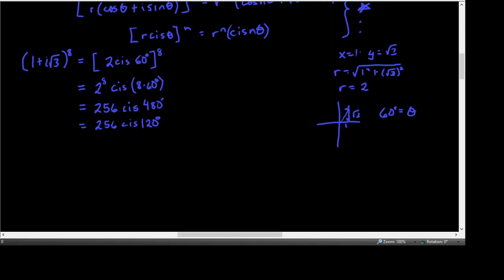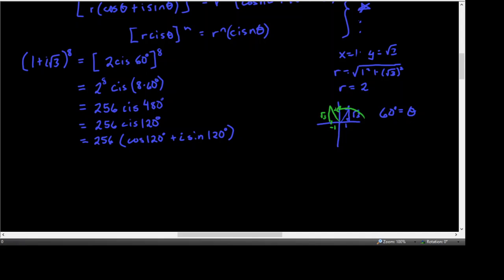Okay, so that is 256 cosine of 120 degrees plus i sine of 120 degrees. So 120 degrees, of course, is right here. It's this angle right there. So this is -1, square root of 3, and 2.